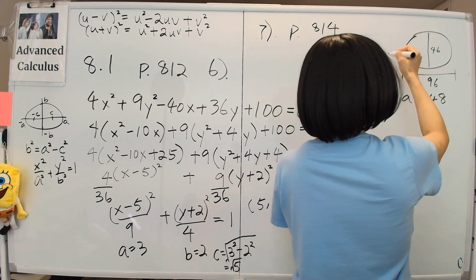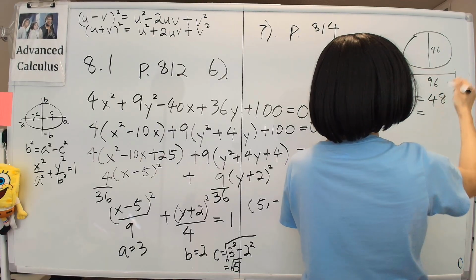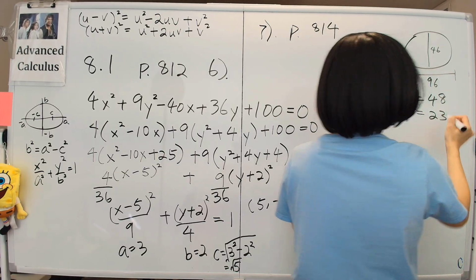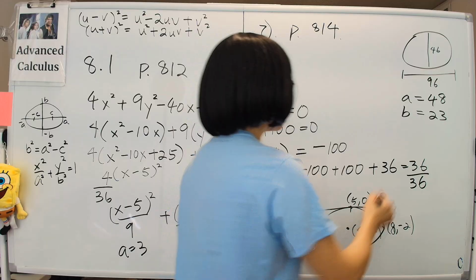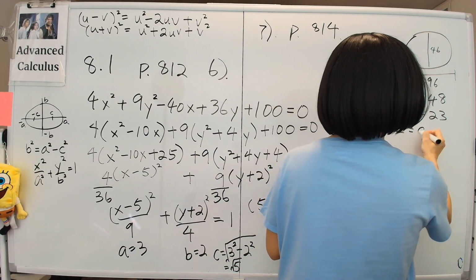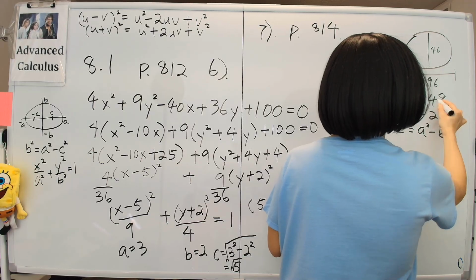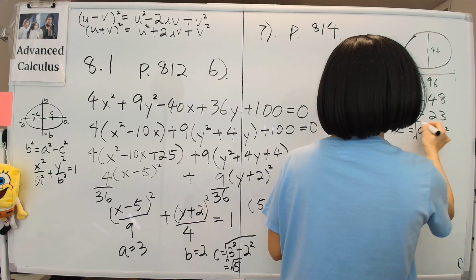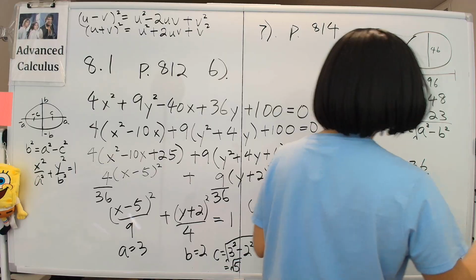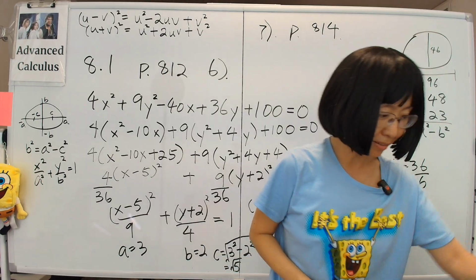And then we'll let B equal half of 46, that's 23. Then C will be equal to the square root of A squared minus B squared. Take the big one, subtract the small one, and take the square root. That's C. So to calculate that, let's pull out a calculator.